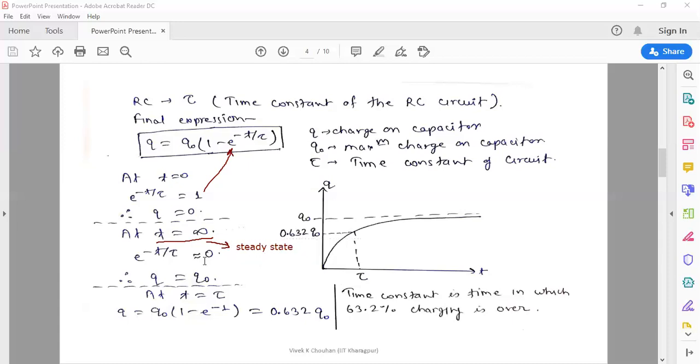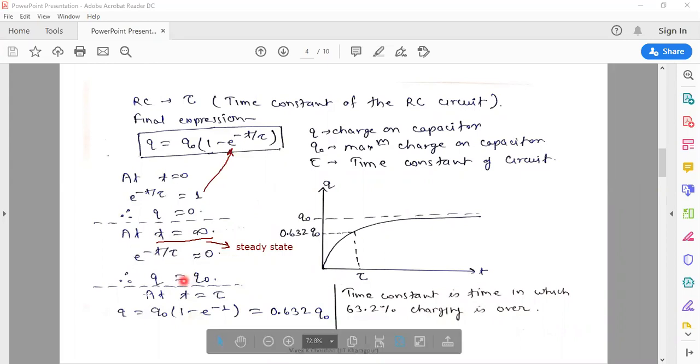So t equals infinity is called steady state. What will happen to the circuit in steady state? When you put infinity in the power term, e to the power minus t by tau, you will get e to the power minus infinity, and this is equal to 0. Okay, so you will have q equal to q naught.